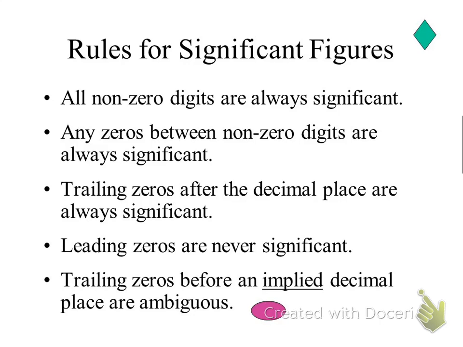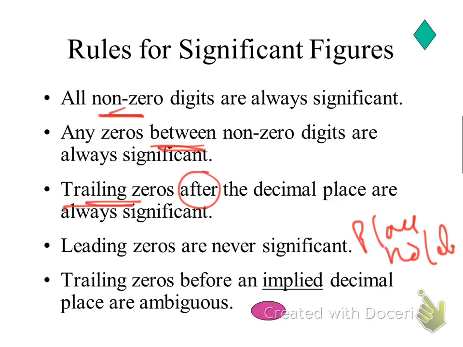These are the rules for counting significant figures. Just to remind you, if it's anything other than 0, it counts. The question usually comes with zeros. If the 0 is between 2 digits that aren't 0, it counts. If the 0 is a trailing 0 after the decimal, it counts. Now, if a 0 is a placeholder, it's important, but it doesn't count.